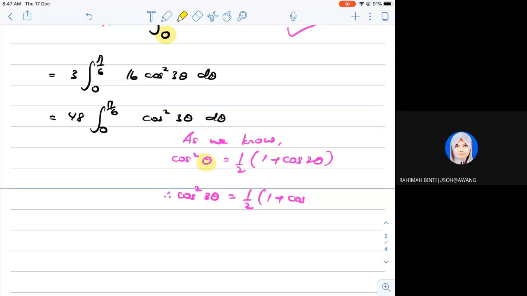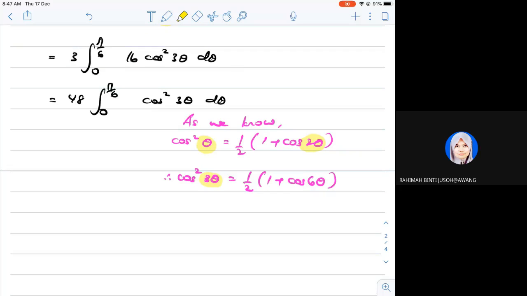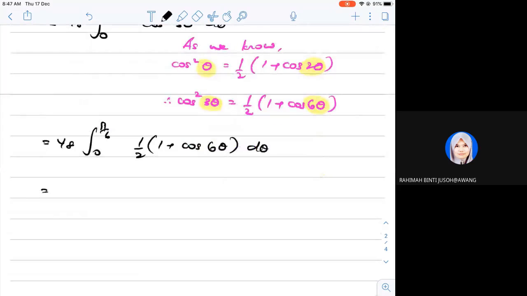Because theta multiplied by 2 becomes 2 theta, so since we have 3 theta, multiplied by 2 we have 6 theta. We substitute this inside our integration. So it becomes 48, integral from 0 until pi over 6, of 1 over 2 times (1 plus cos 6 theta) d theta. Half multiplied by 48 is 24, integral from 0 until pi over 6 of (1 plus cos 6 theta) d theta.